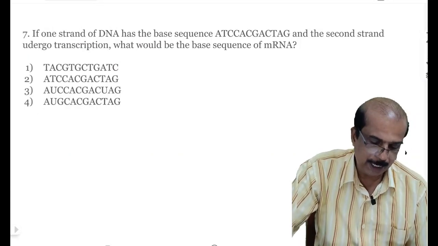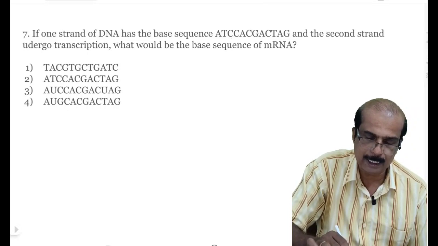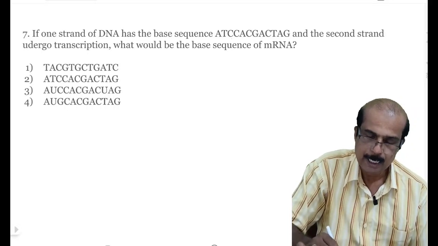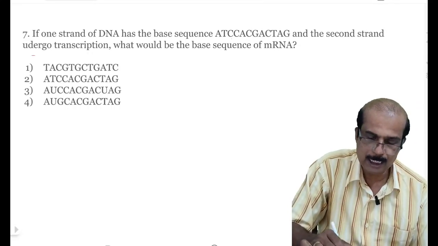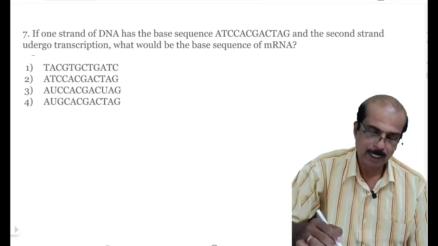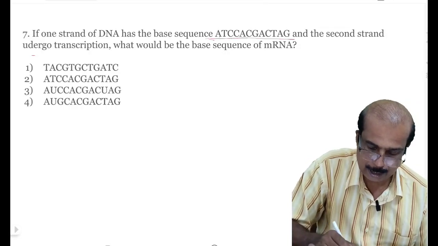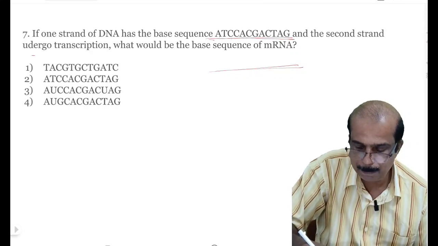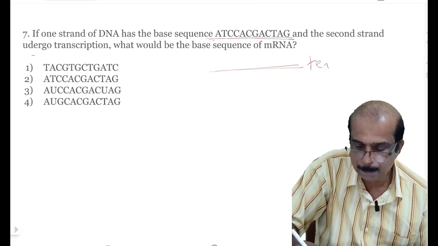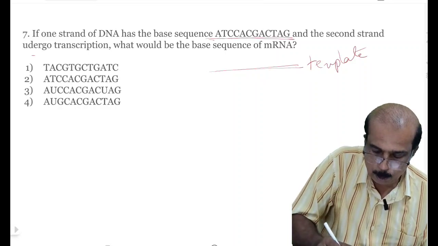One strand of DNA has the base sequence ATCC, ACGA, CTAG, and the second strand undergoes transcription. What would be the base sequence of mRNA? Here this is one strand. The second strand undergoes transcription, so this will be the template, and the first will be non-coding.